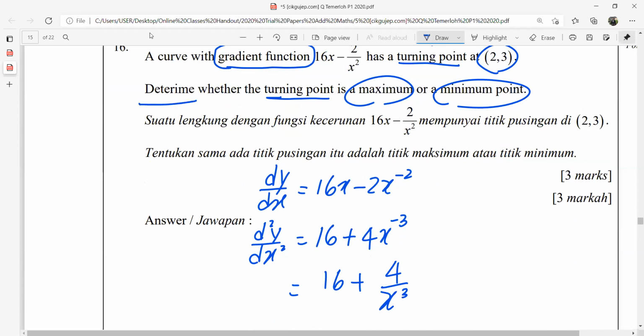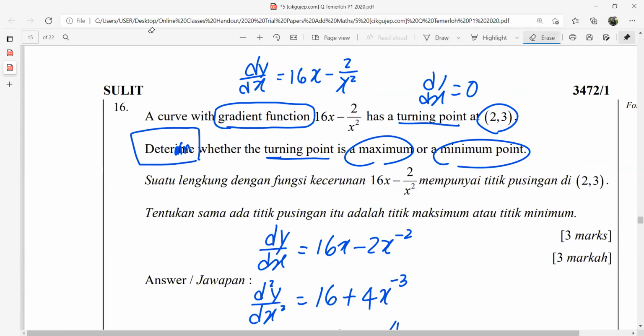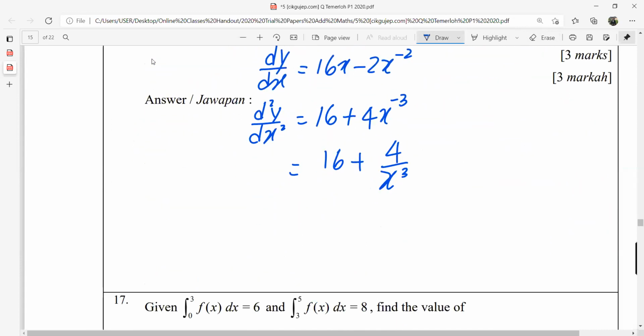The question only asks you to determine, right? So the dy dx equals 0, I don't think we need to use that. For the turning point, whether it's maximum or minimum, you substitute x is 2 here. When x is 2 at this turning point, you need to check with the second derivative.